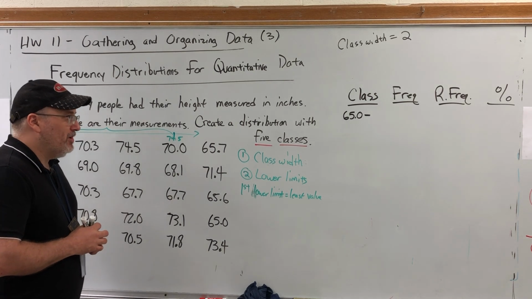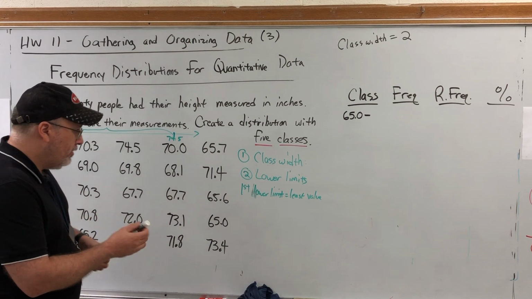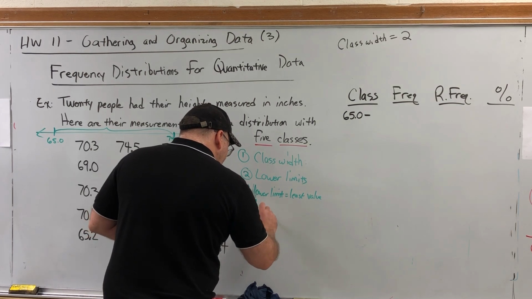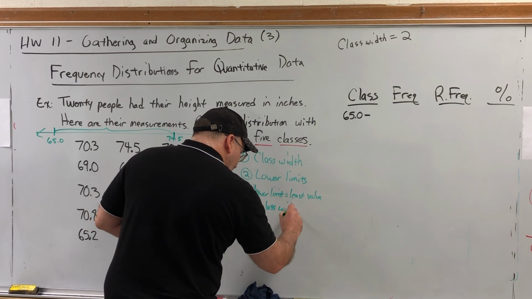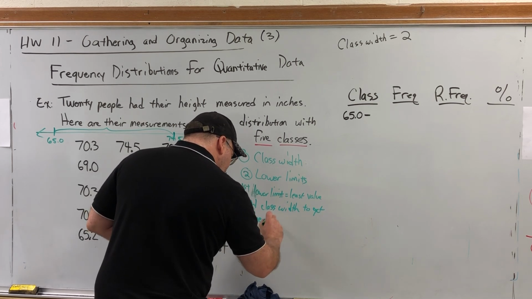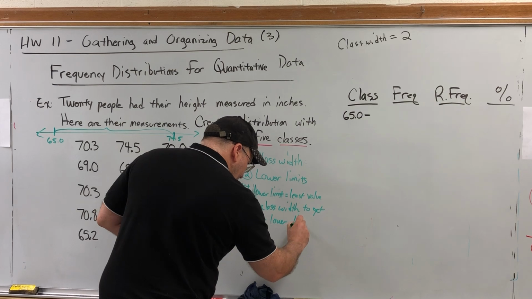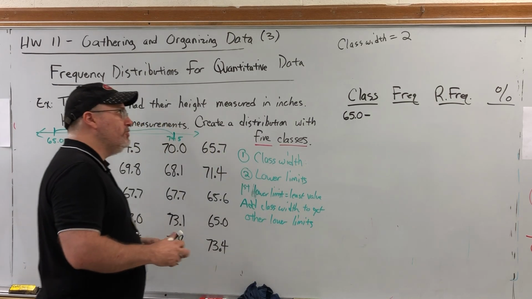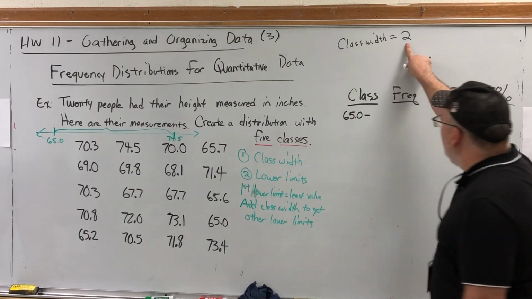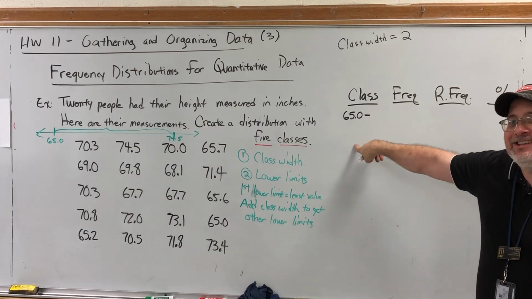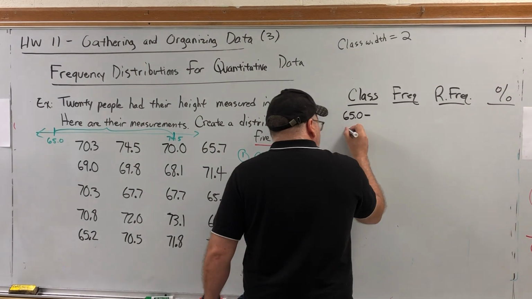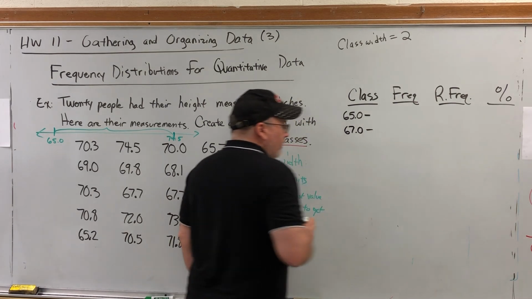The way you build the lower limits is you add the class width. First lower limit is the least value, add the class width to get the other lower limits. So in other words, here's how you use the class width, the 2 that we just came up with. You're going to add 2 to this lower limit to get the next lower limit. 65.0 plus 2 is 67.0.